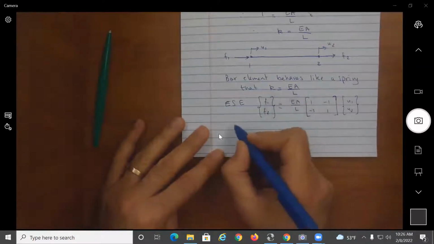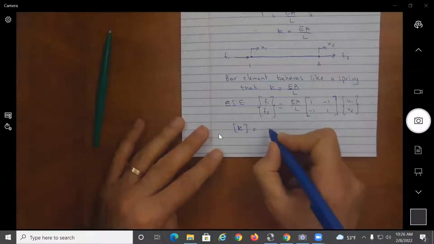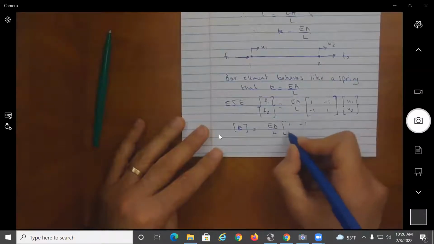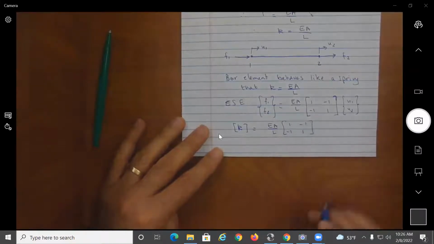And we can say that the stiffness matrix K for a bar element is equal to EA over L times 1, minus 1, minus 1, and 1.